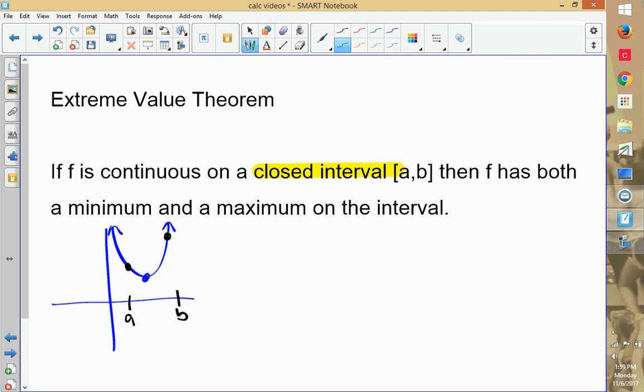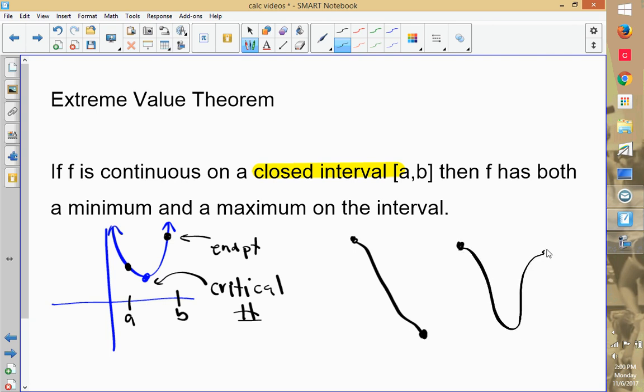So if you think about where absolute maxes can occur, they can occur either on the endpoint or at any critical number that you have in the interval, if the critical number falls in the interval. If we had a line that doesn't go up or doesn't come back around, you can have an absolute max, an absolute min, or you could have a critical number and then that comes back up.